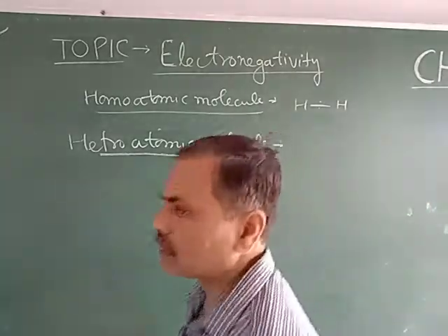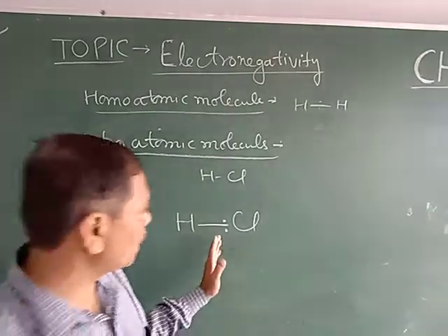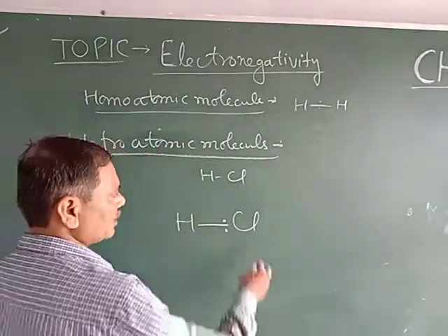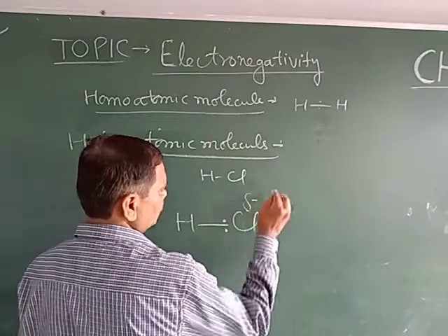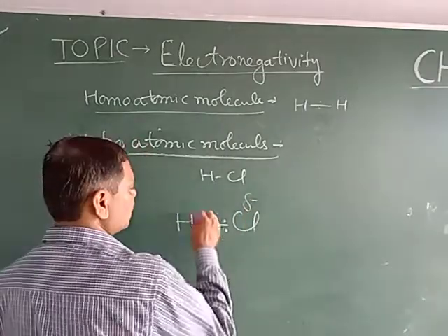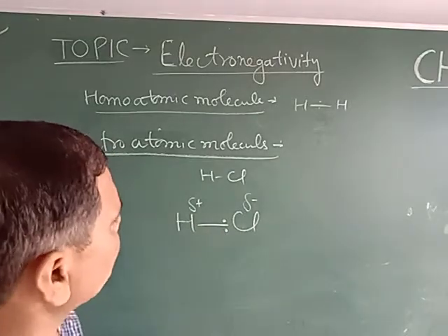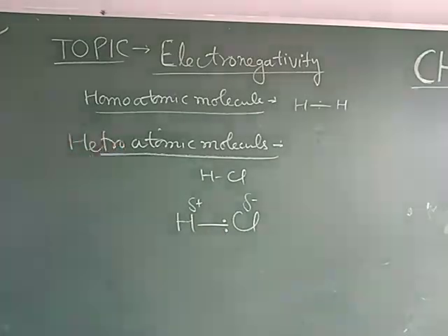Although it is a single covalent bond, the bonded pair of electrons are shifted towards the chlorine atom, creating partial negative charge and partial positive charge in the HCl molecule. In this way, polarity is created.